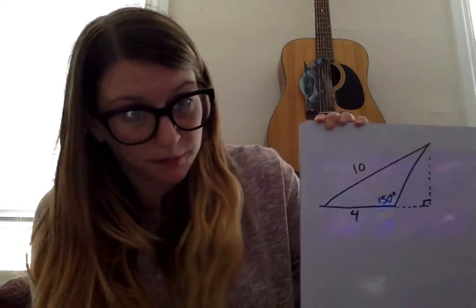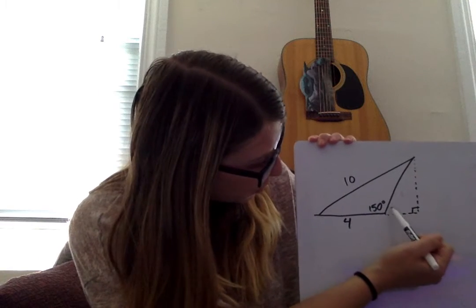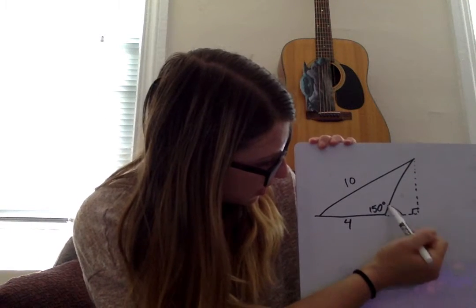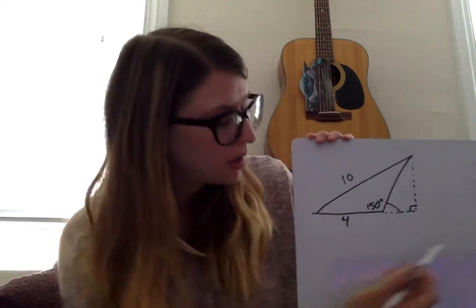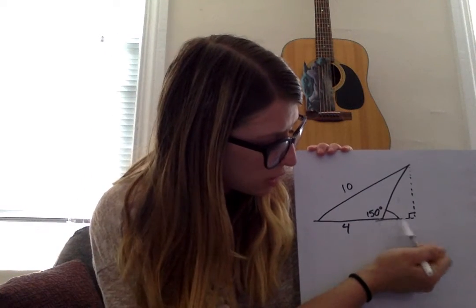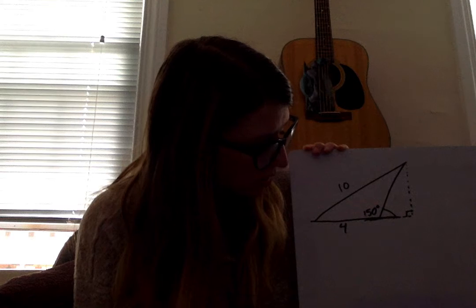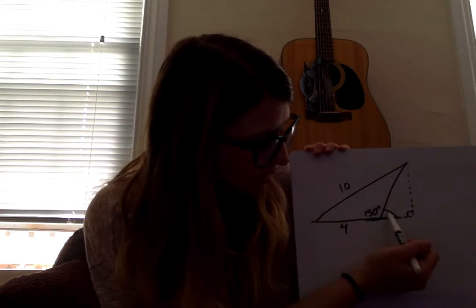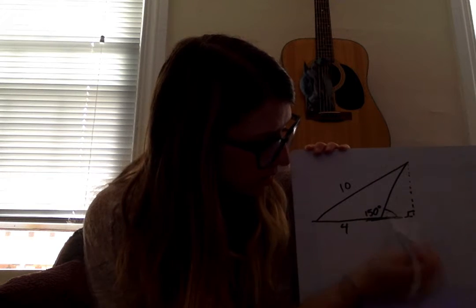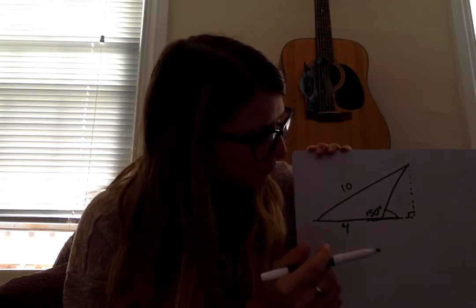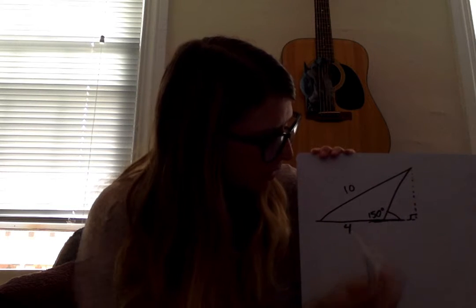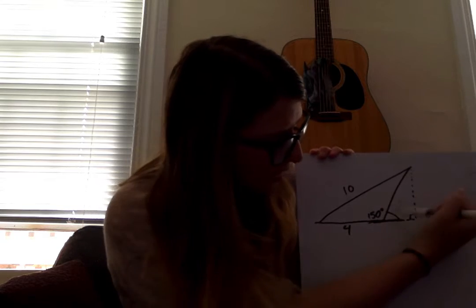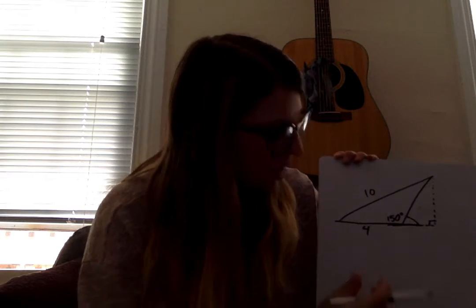But the issue here is that now this angle I need to find. It's actually not that hard, because if this is a straight line, then that means this angle, oh, that's why we can't do it. That's why we can't do it, because we don't have this length, and we don't have that length. All right.